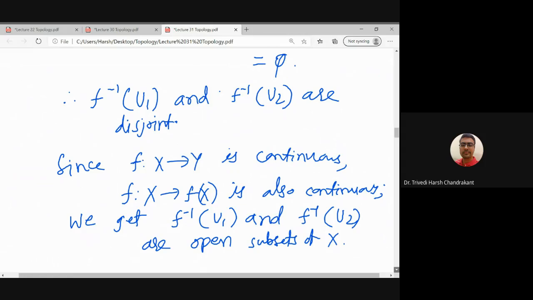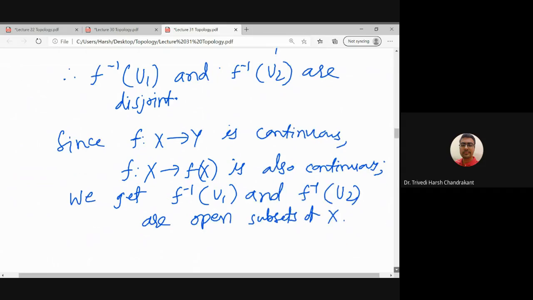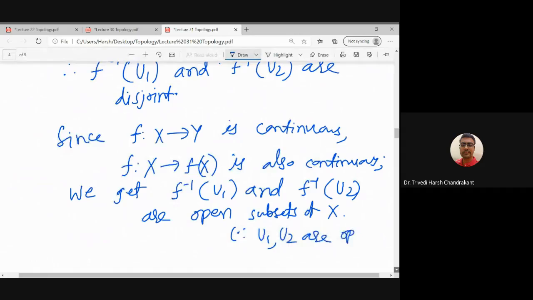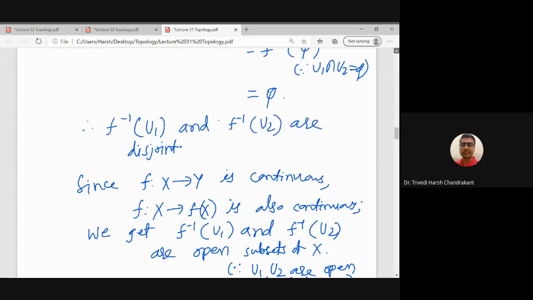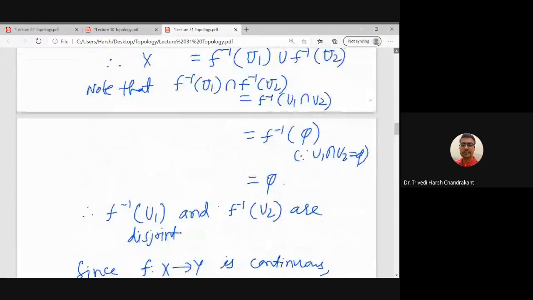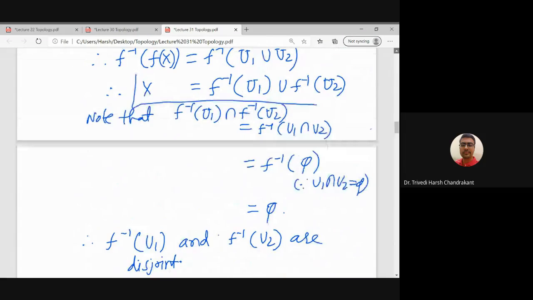Why? Because U1, U2 are open. So f is continuous and U1, U2 are open in the subspace topology, so its inverse image is also open. And f inverse U1 and f inverse U2 are disjoint, and the union of f inverse U1 and f inverse U2 is X.